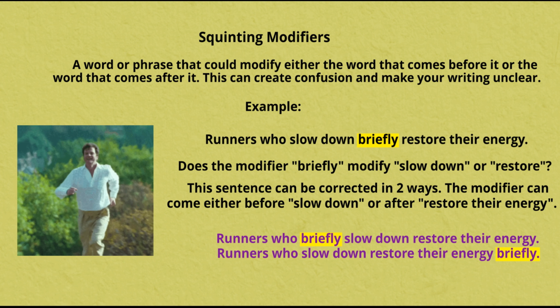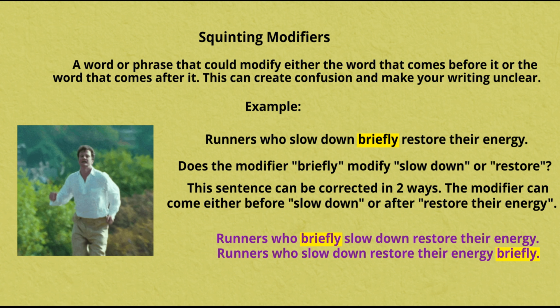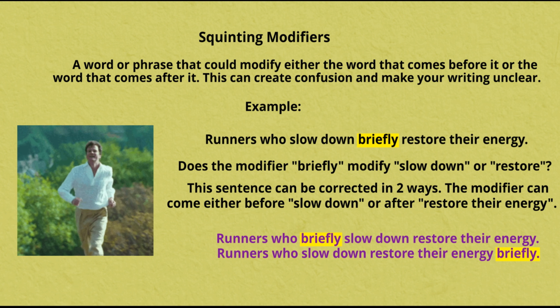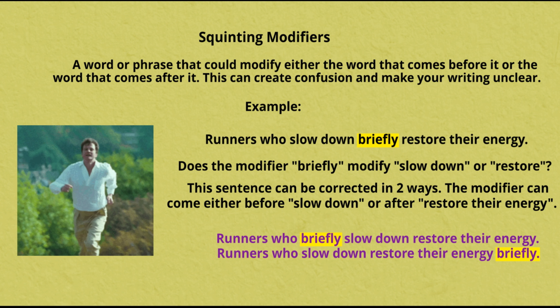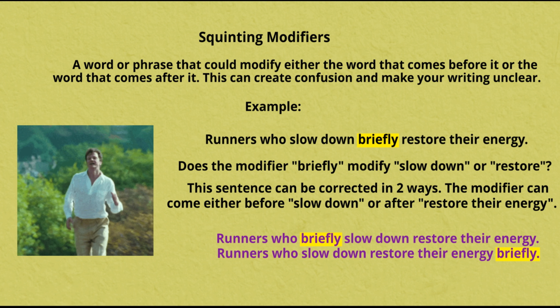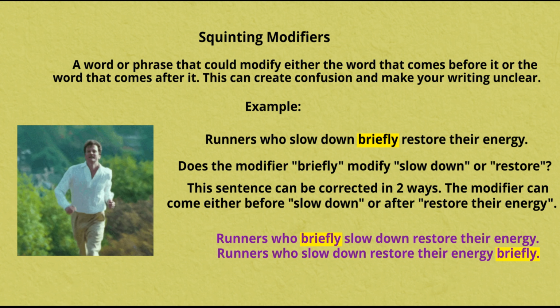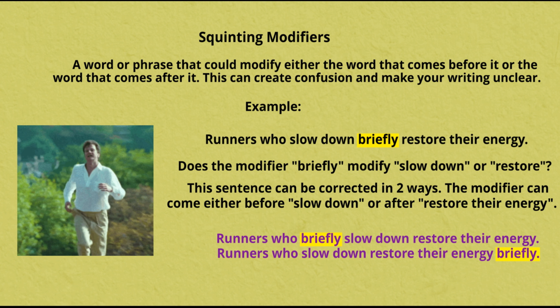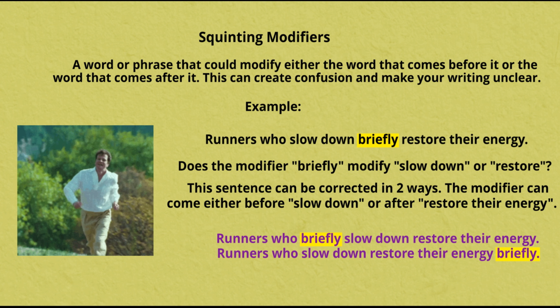This sentence can be corrected in two ways. The modifier can come either before slow down, so that it is modifying slow down, or it can come after restore their energy. Let's change it and see if it makes sense. Runners who briefly slow down restore their energy.